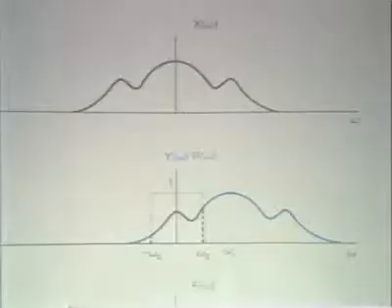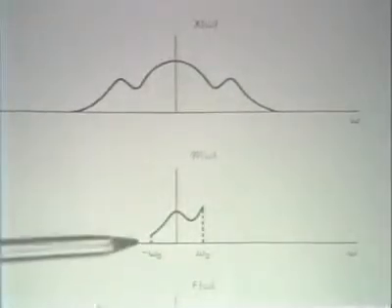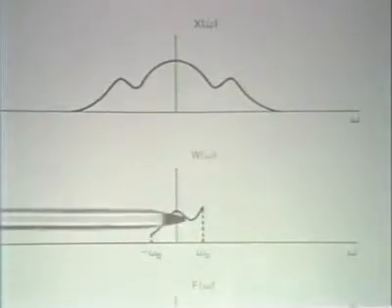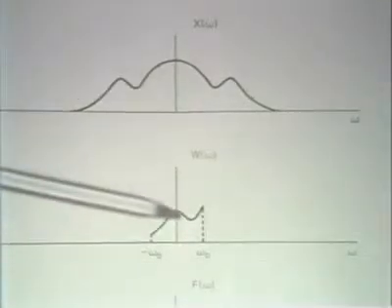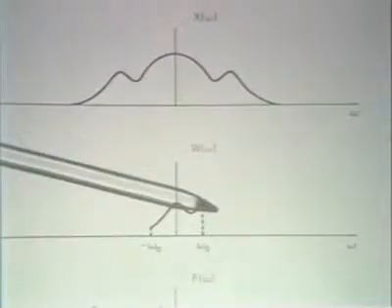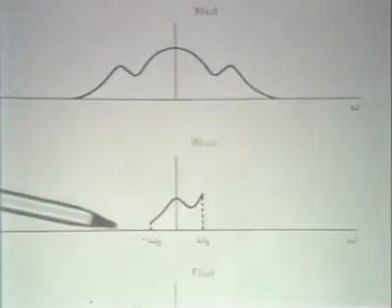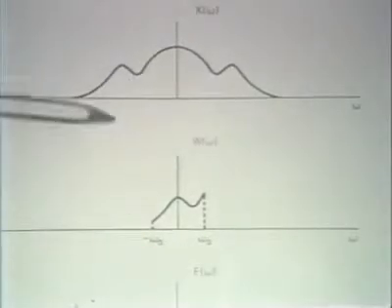Well, the result of low-pass filtering rejects all the spectrum except the part around low frequencies. And the next step is then to demodulate this. And so, in effect, demodulating will shift this spectrum back to where it originally came from.